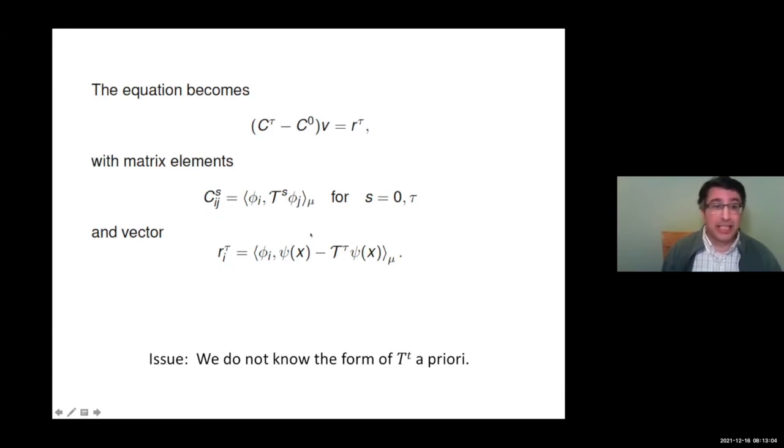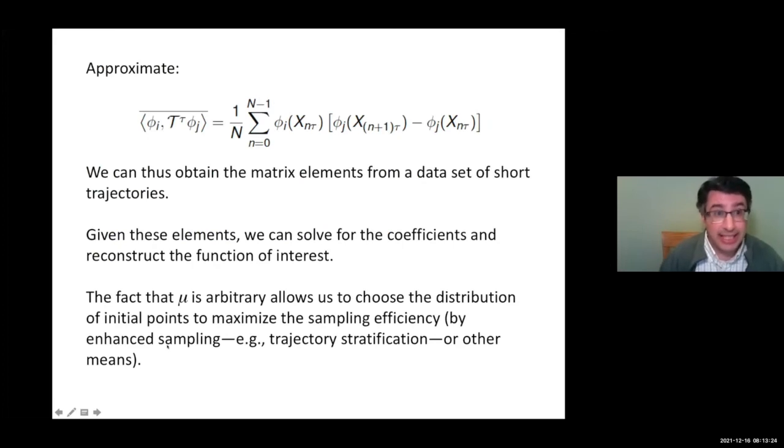And we typically don't want to work in the full configuration space. We usually want to work in a somewhat reduced space, so we have a kind of coarse graining where we don't know those dynamics a priori. Okay, so it might seem like that's a problem, but that's where the data comes in.